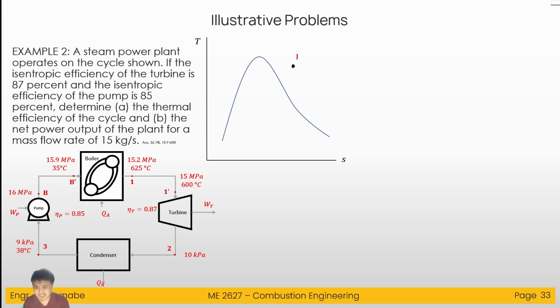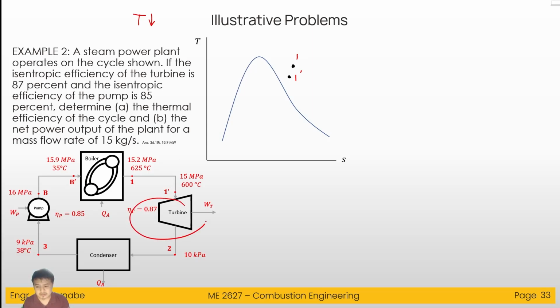Since there is a temperature drop, temperature goes lower. So this will be 1 prime. But since there's also a pressure difference here, it will go slightly to the left. So this will be your 1 prime.